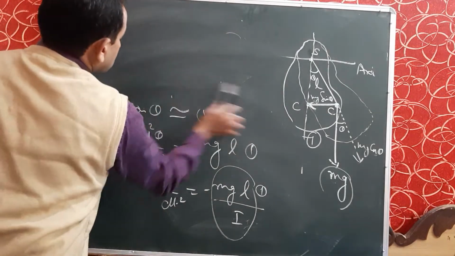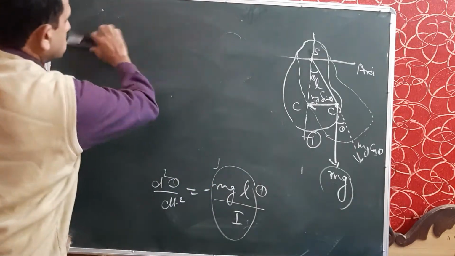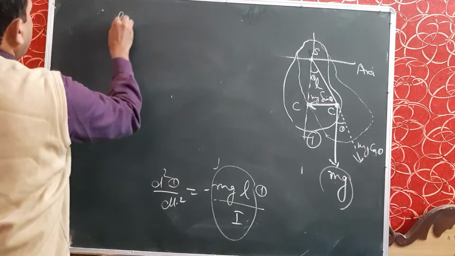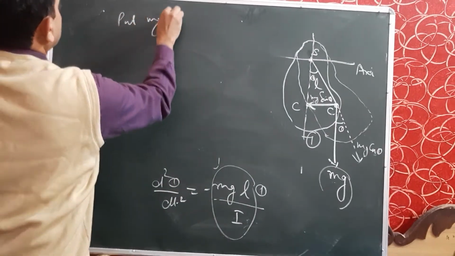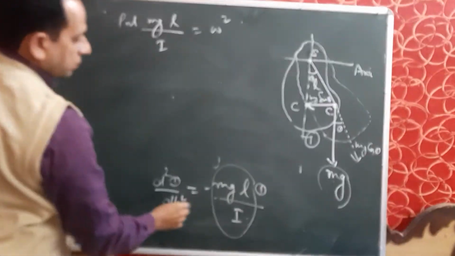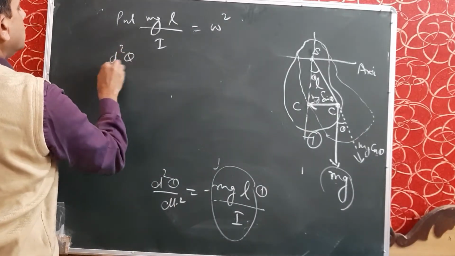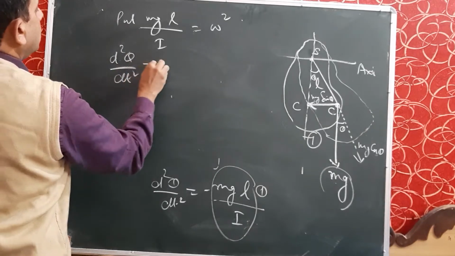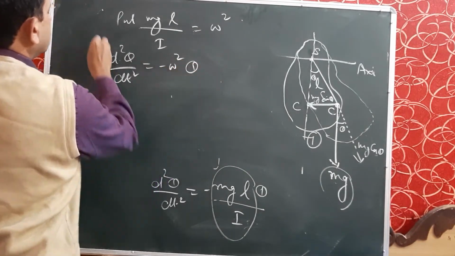So put this mgL over I as ω². This equation becomes d²θ/dt² is equal to minus ω²θ.